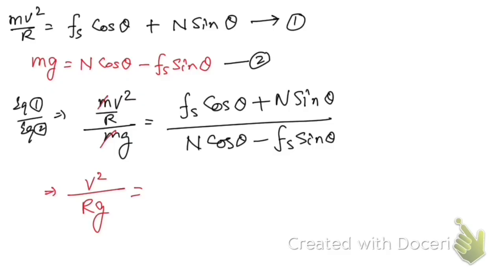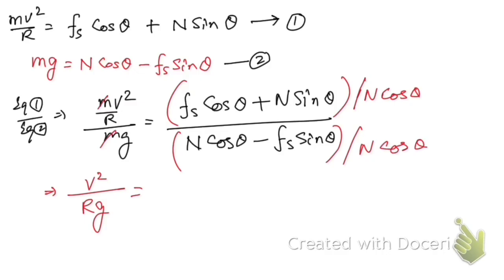Then you're going to have Fs by n, as cos theta and cos theta cancel, plus n sin theta by n cos theta, that's going to be tan theta, because n cancels, sin theta by cos theta is tan theta, right?